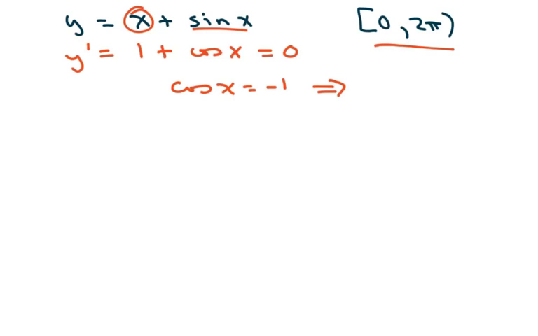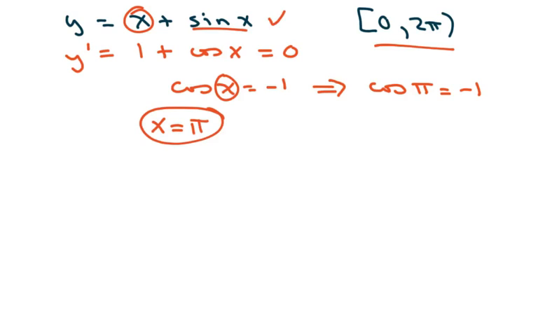Cosine x has to be at pi, because cosine of pi equals negative 1. So at x equals pi, we plug that into our original equation and see what y is. y equals pi plus sine of pi.